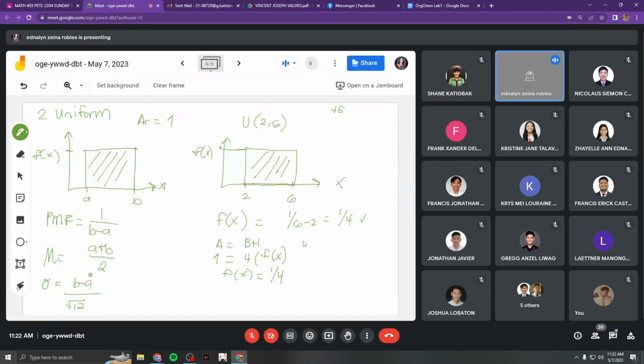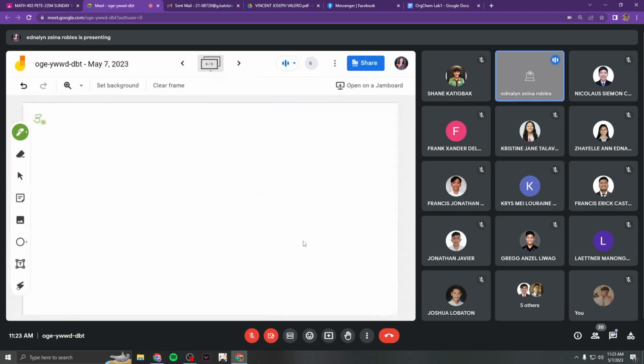And as you can notice, PMF and mean is just the same on the uniform discrete probability because, sabi natin, on uniform discrete probability, the f of x is constant. The f of x value is constant all throughout the range given to us from the starting point until the end point. So that is the second family that is included on the continuous probability. And the next family is the exponential.